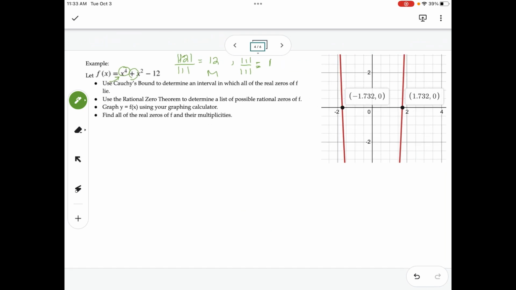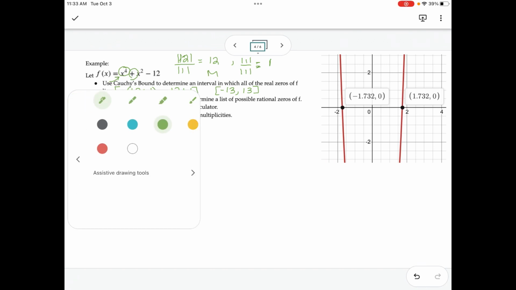Thus, Cauchy's bound is going to be the opposite of our m value plus 1, comma, our m value plus 1. So all of our zeros should lie between -13 and +13. A little large of a value here, but when I'm looking at the graph, our values are in fact in between. Then let's use the rational zero theorem to determine what possible rational numbers these could be.